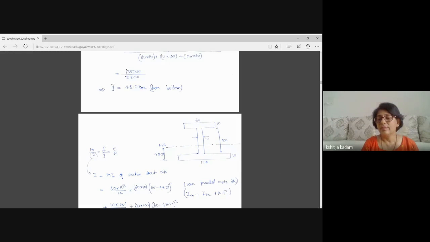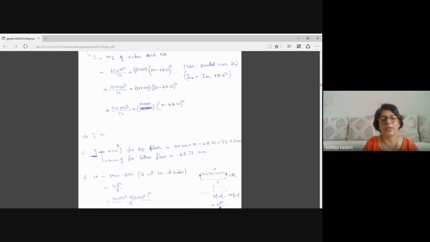So the bending stress at top and bottom fiber will not be equal. For those top and bottom, value of y will be different. You can see here I have calculated maximum y for top fiber is different and maximum y from bottom fiber is different. This is the maximum y from bottom fiber, which is nothing but the y bar of neutral axis. And total height minus that value gives you y maximum for top fiber.